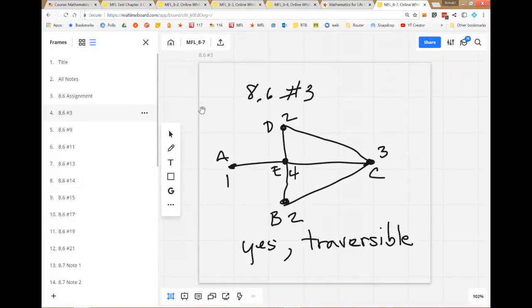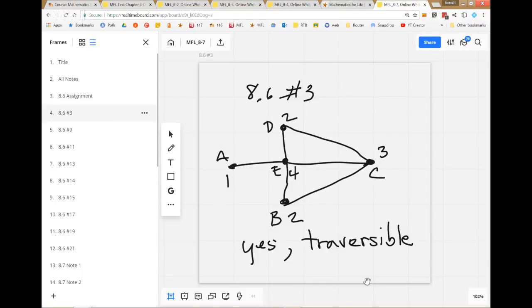Do you remember what the traversability rules are? I mean, it comes down to, if there's 0 or 2, it is traversable, correct? Yeah, that's correct.